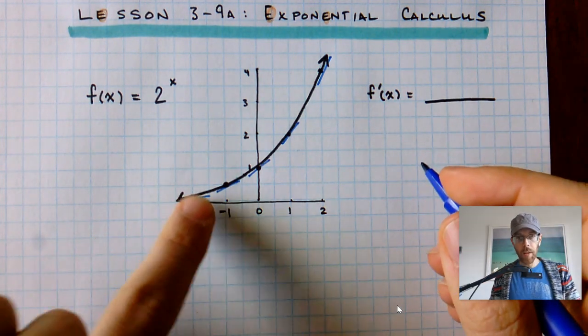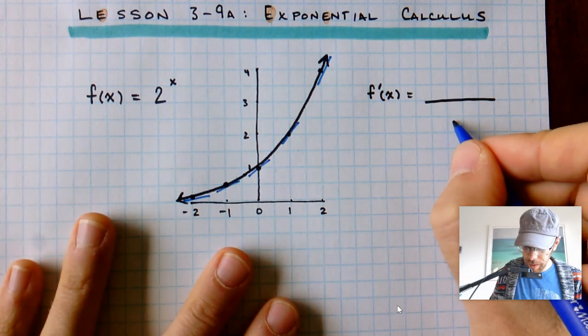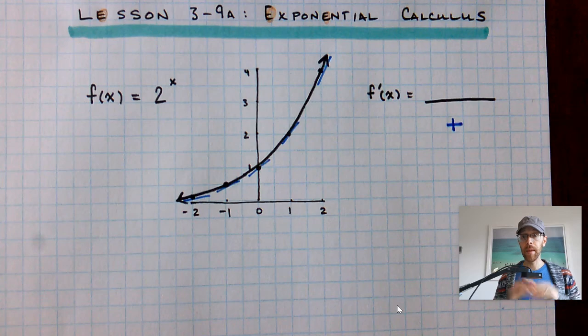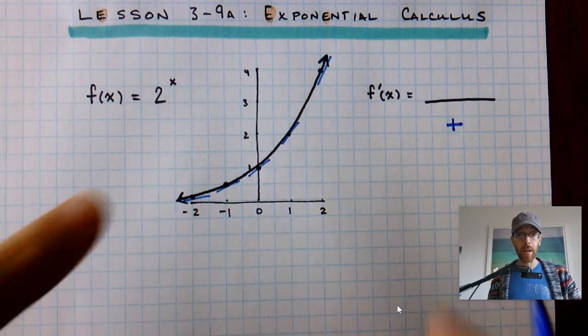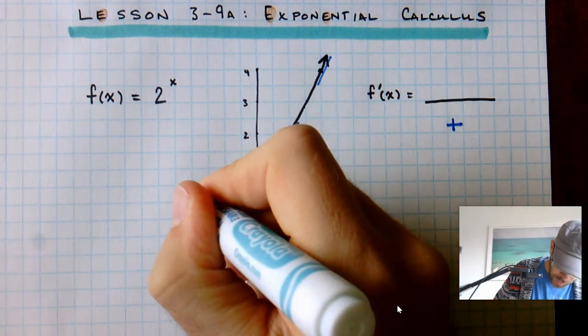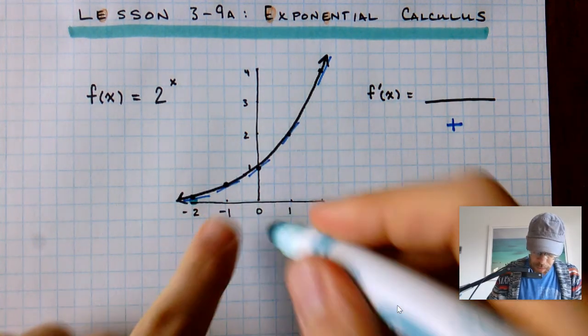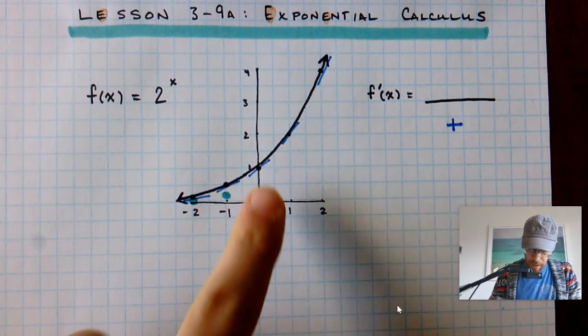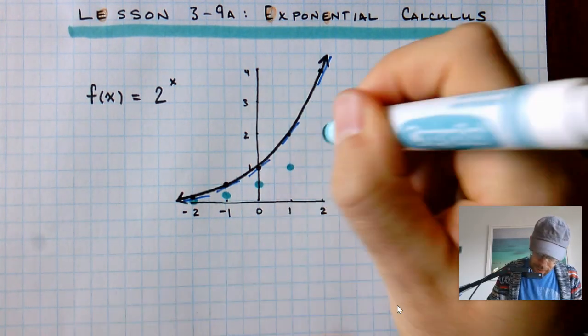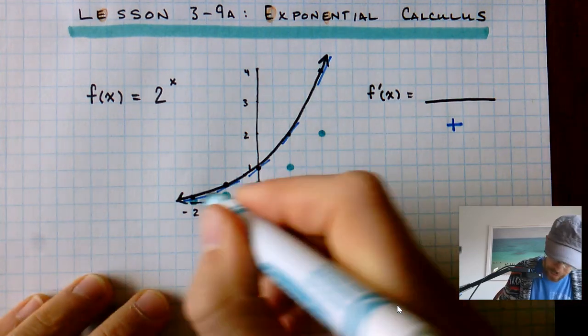Yeah, all of those slopes are positive, which means that the derivative equation is going to be positive. The other thing that's really worth noting here is that as we move from this one, which looks like it's close to 0, we move to this one, which is a little bit larger, and then even larger, and then larger, and now they really look like they're starting to take off a little bit.